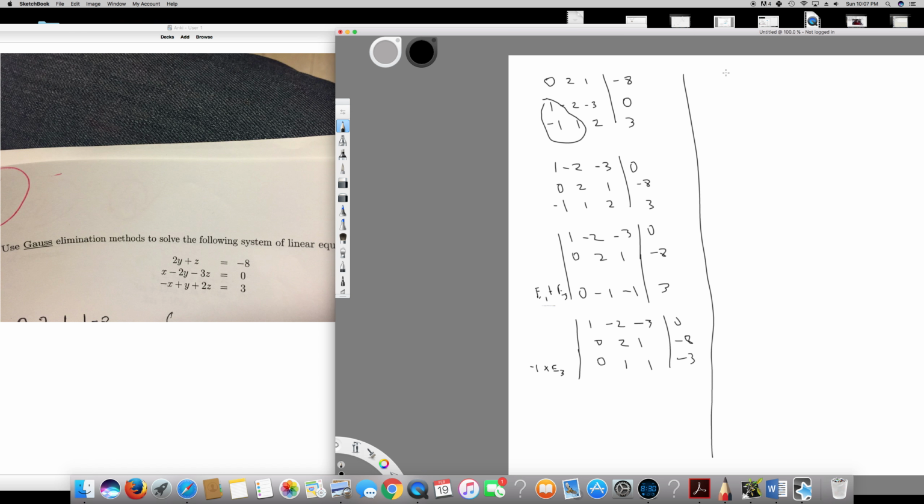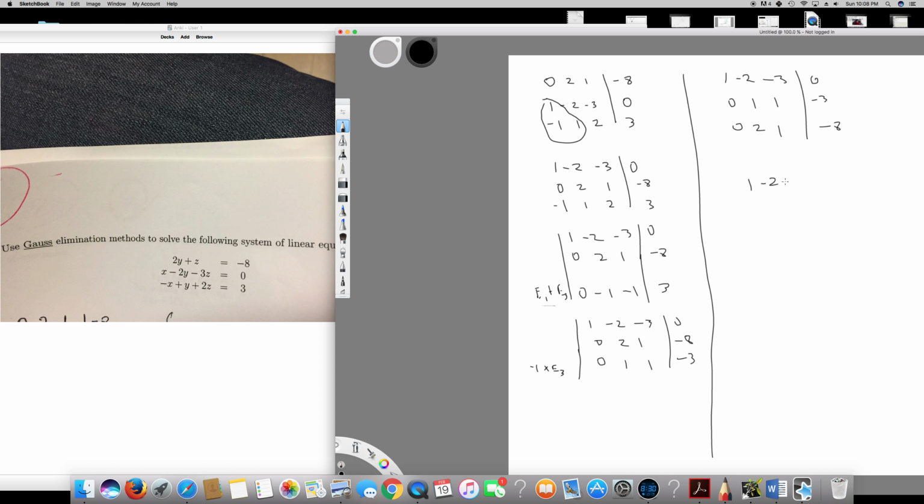So let's see. 1, minus 2, minus 3, 0. Now I'm going to swap the third equation with the second equation, so it's going to be 0, 1, 1, minus 3 and 0, 2, 1, minus 8. Right, now I can simply multiply the second equation by negative 2 and add it with the third equation, so it will become 0.